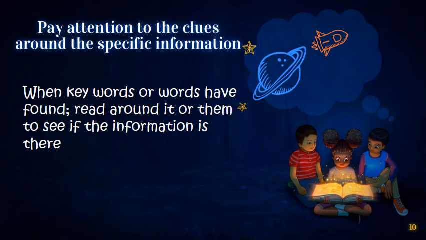So, you have to pay very close attention to the words of the specific information that become the clues of the word itself. Examples, another example in English: who is the name of the woman singer that is mentioned in the text?